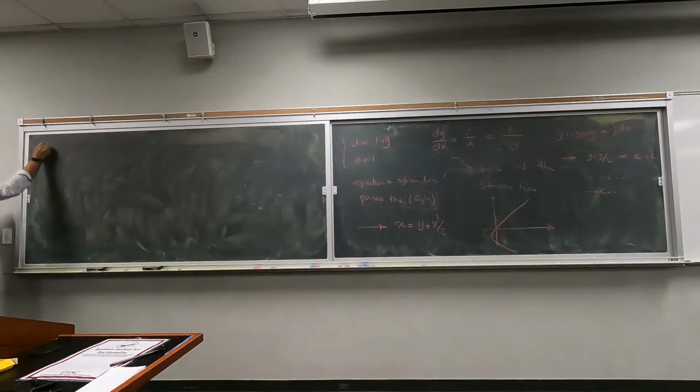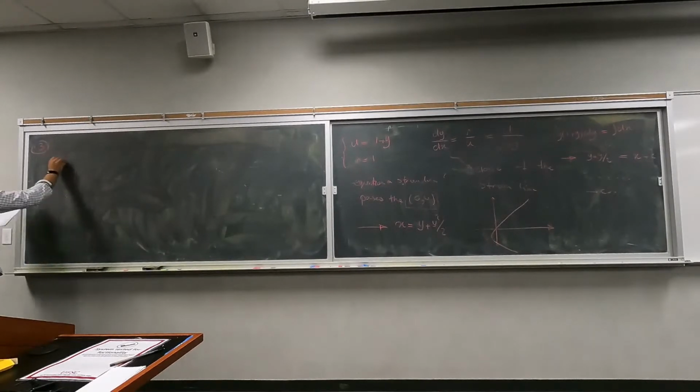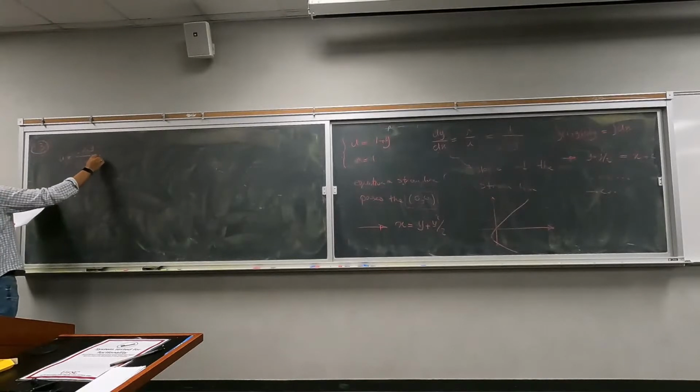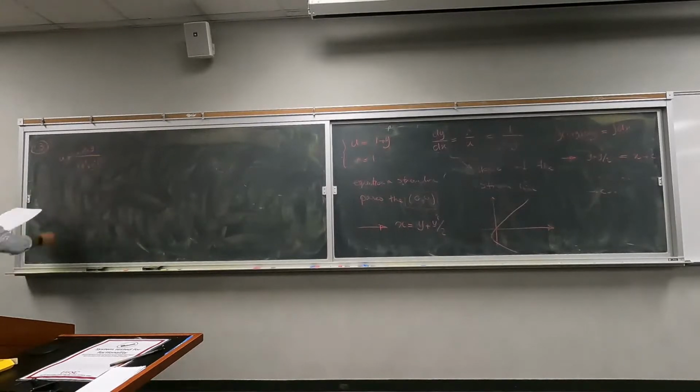Problem number 3 on your handout: we have a velocity field u equals negative V naught y divided by x squared plus y squared to the power 1/2, and v equals V naught x divided by x squared plus y squared to the power 1/2.